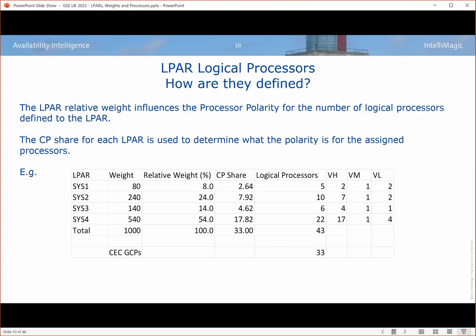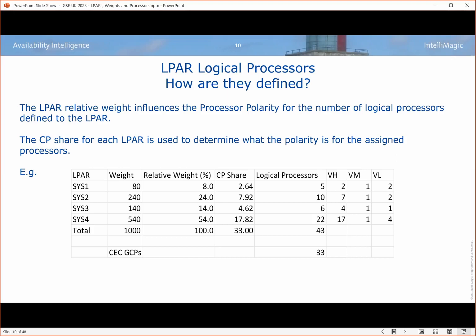So another interesting and very important thing about logical processes is a logical processor has a polarity. So I've defined a few more columns in my table here on the right-hand side. VH is vertical high, VM vertical medium, and VL vertical low processor polarity. So we're talking about the share of the processor resources.